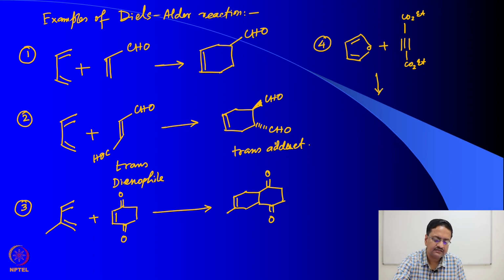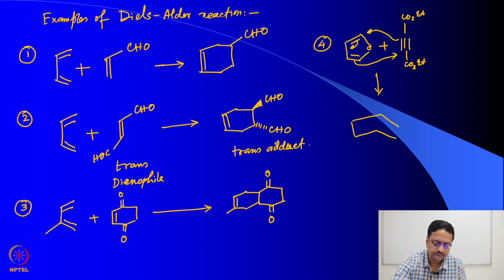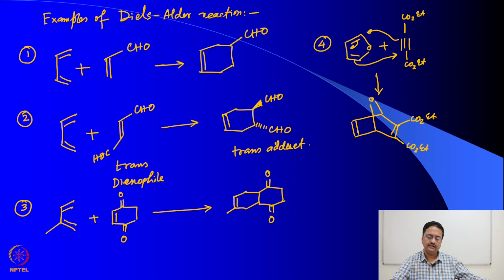The product of this reaction would be a bridged compound, and that would look like this. So, these are some reactions which essentially indicate that this particular reaction, that is Diels-Alder reaction, is a concerted step, and it gives you a cyclic compound as a final product.